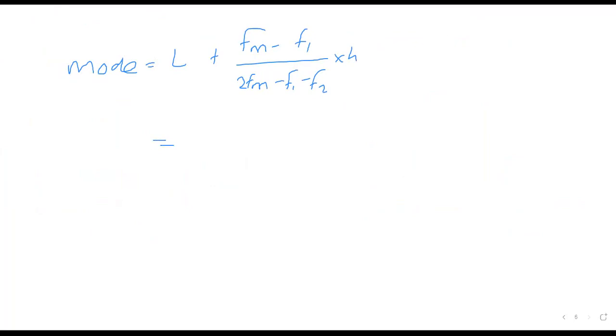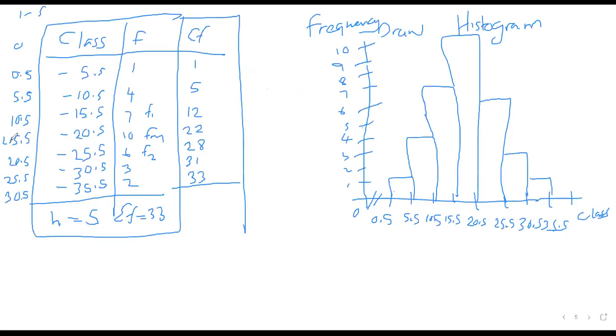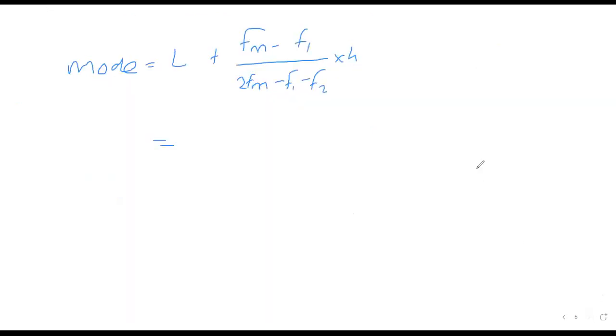We'll go back here. Our L was 15.5. Our FM is 10, F1 is 7, F2 is 6, H is 5. So our L is 15.5, our FM 10, F1 7, F2 6, H 5.